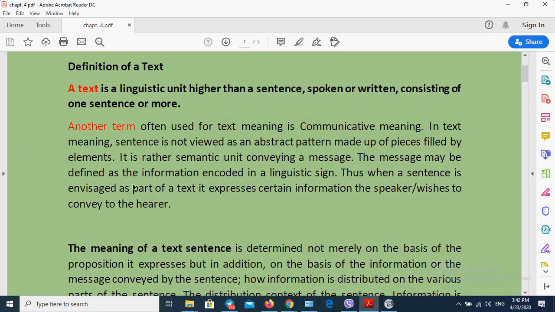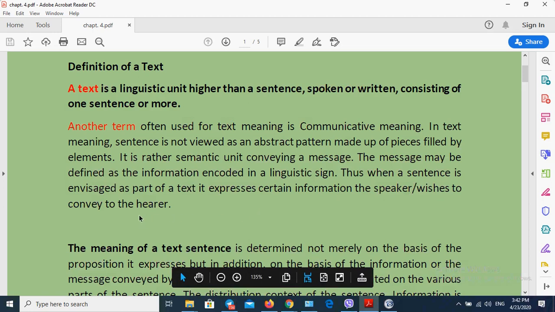The message may be defined as the information encoded in a linguistic sign. Thus, when a sentence is emphasized as a part of a text, it expresses certain information the speaker wishes to convey to the hearer. That is, to express some information and convey it to the hearer or the listener.